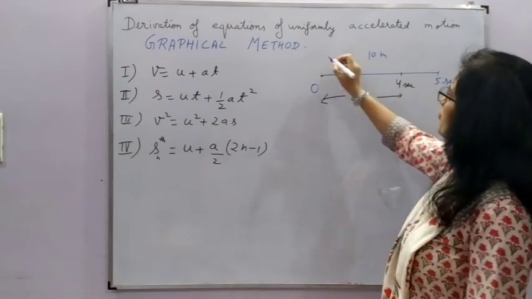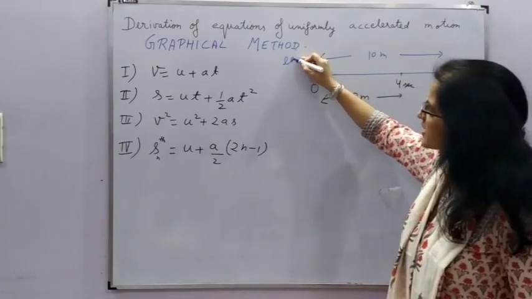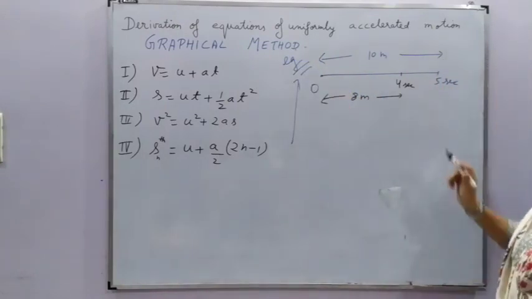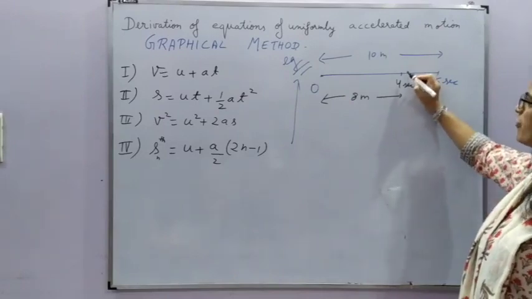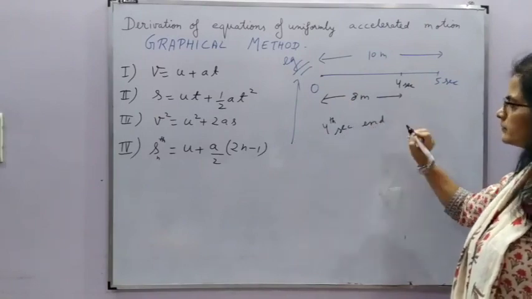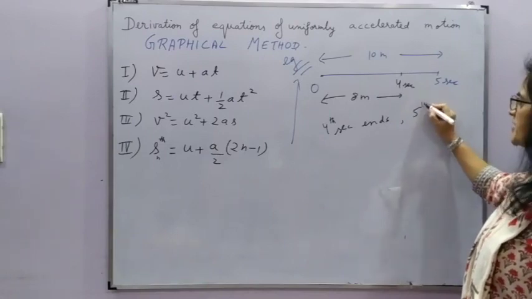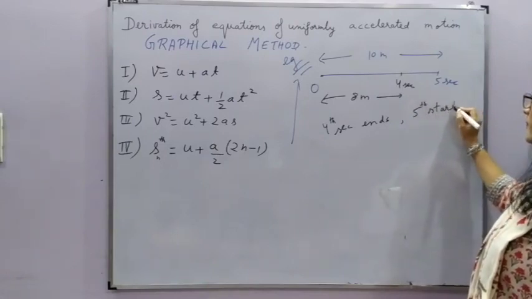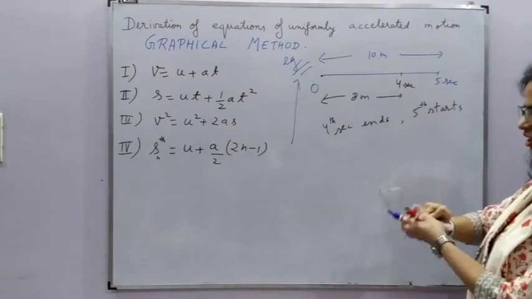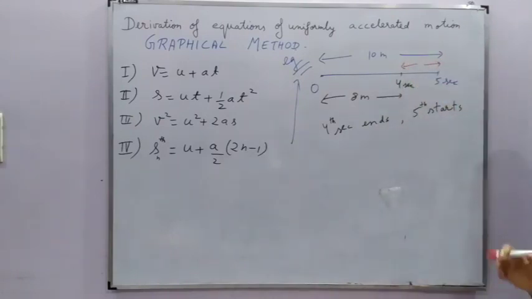We are taking this as an example to understand the fourth equation of motion. So when the 4th second ends, the 5th starts, and we have to find the distance travelled in this 5th second.